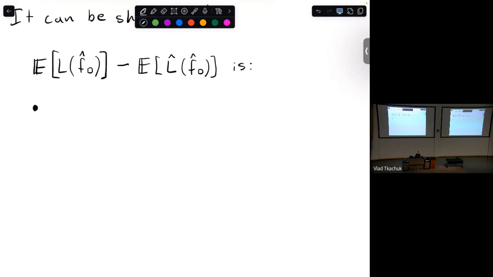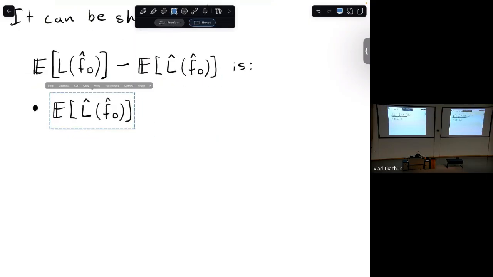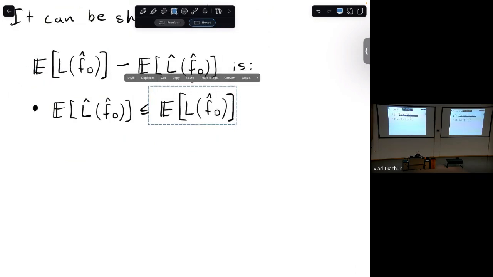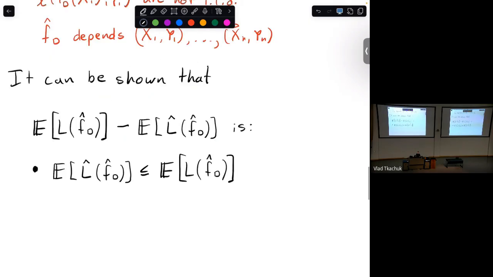The first point is that this thing here, the thing we actually minimize, will be less than or equal to this. You can see by observation that since we're fitting the data points, we're going to have a much smaller value or estimate of this empirical risk than the true expected risk, because we're fitting the data better than we probably will on new data.